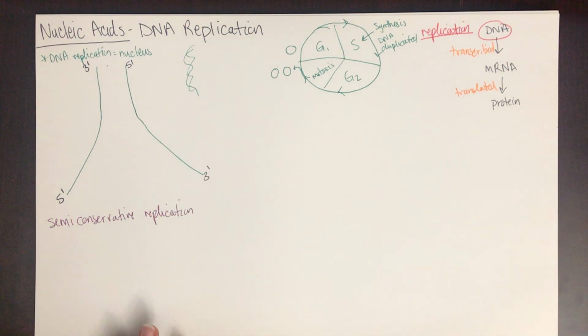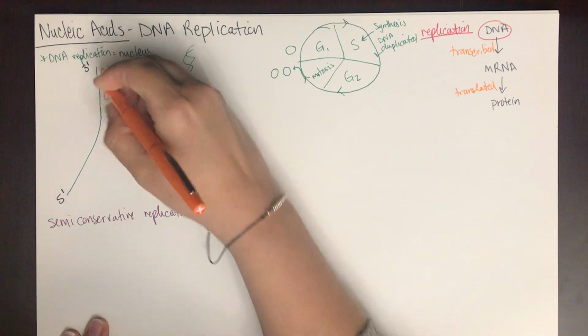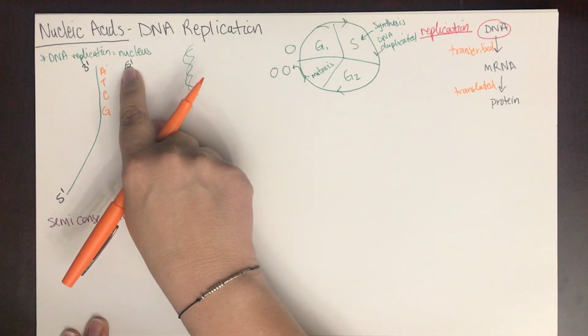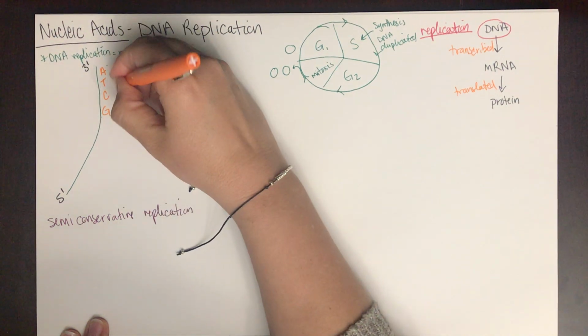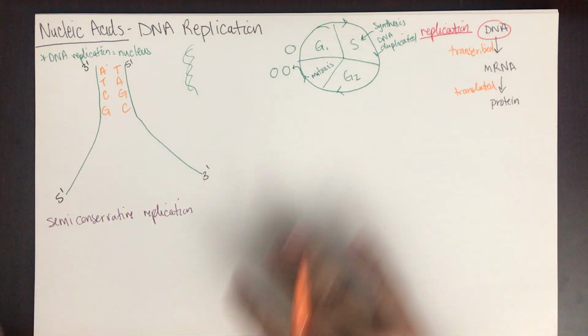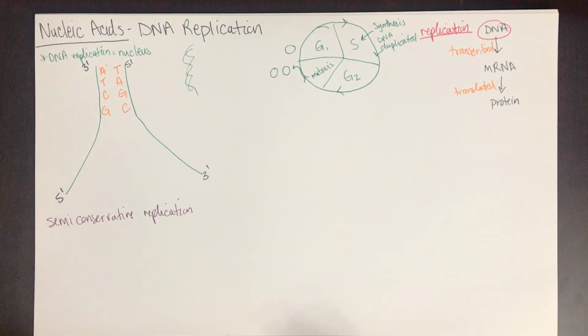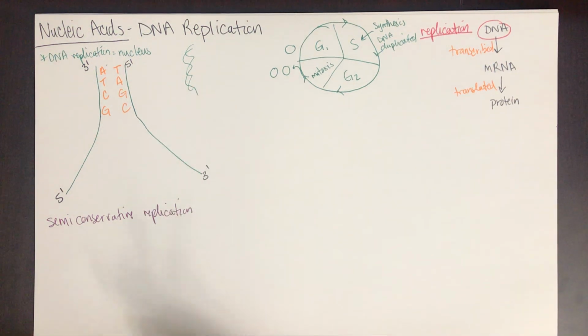So let's say here is my code. I have A, T, C, G. So that means on the complementary side, A pairs with T, T pairs with A, C pairs with G, G pairs with C. So now it's going to start to open up. We're going to talk about all this in more detail later, but the way these strands are replicated is different because of the enzyme that adds new nucleotides.